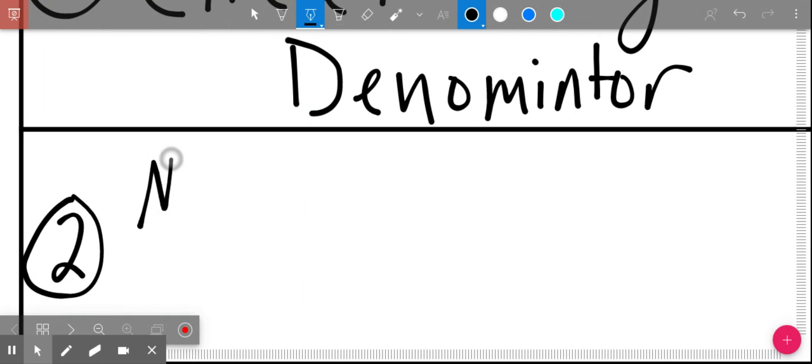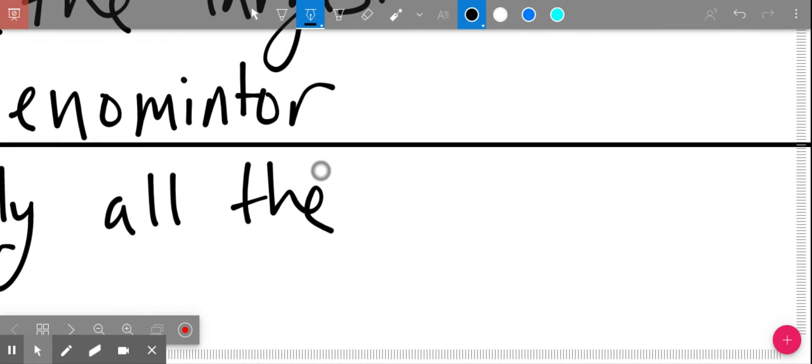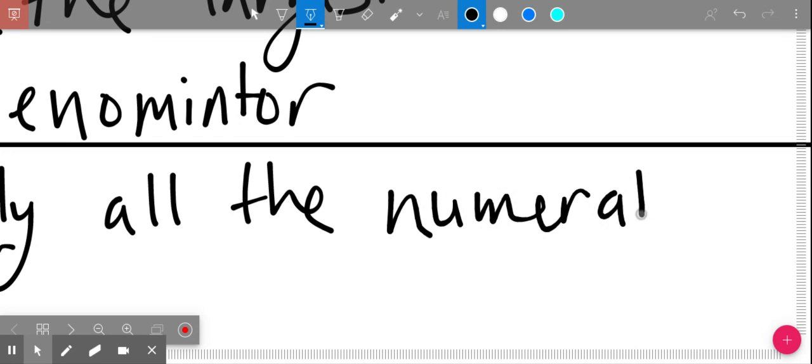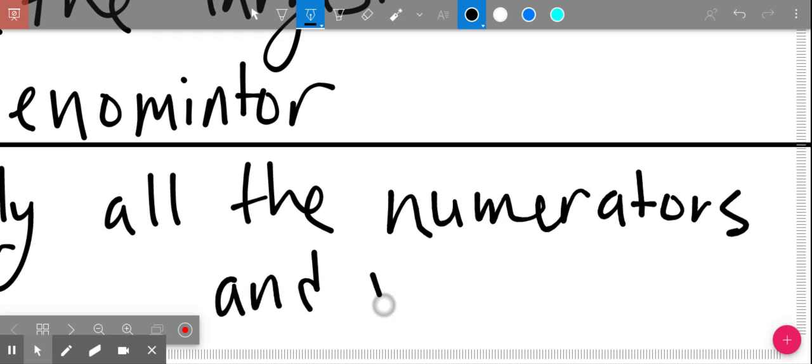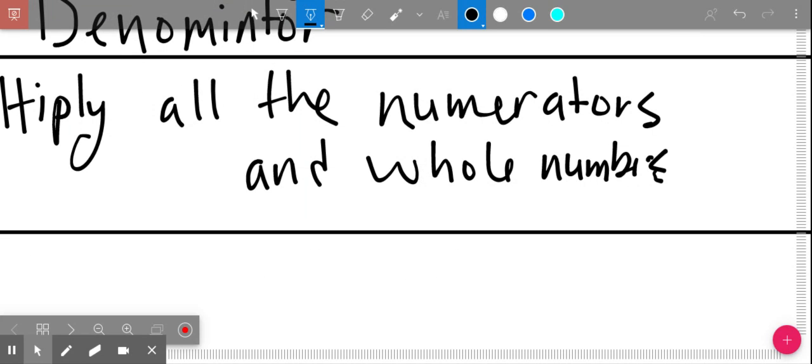Step number 2 is multiply all the numerators, remember that's the number on top, and whole numbers by that number.